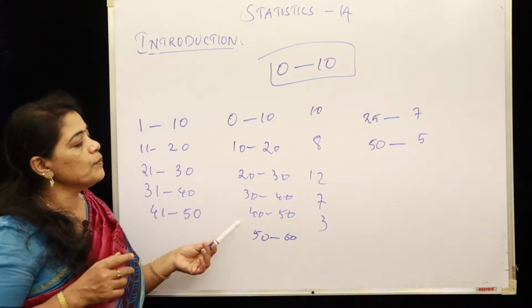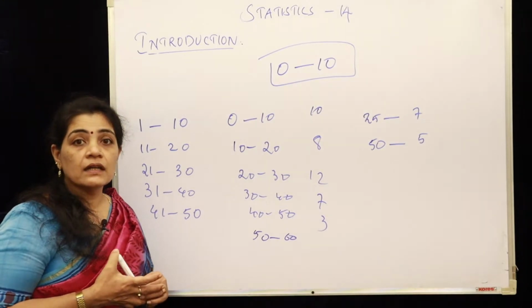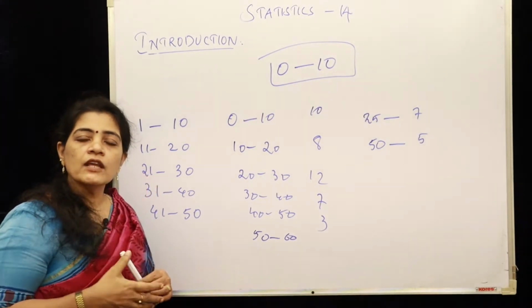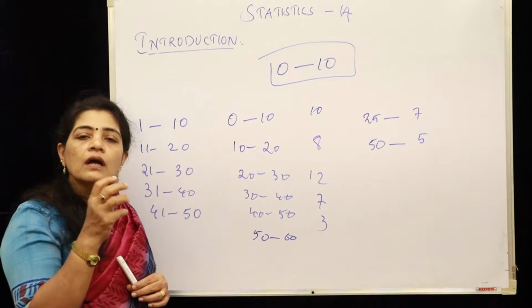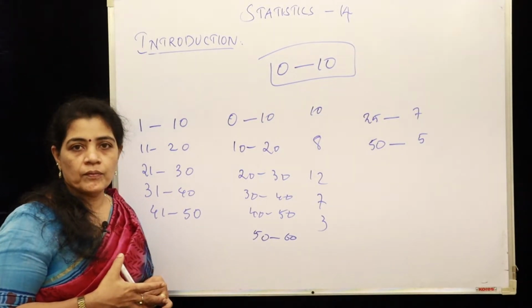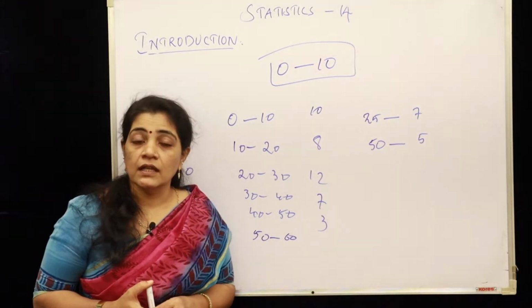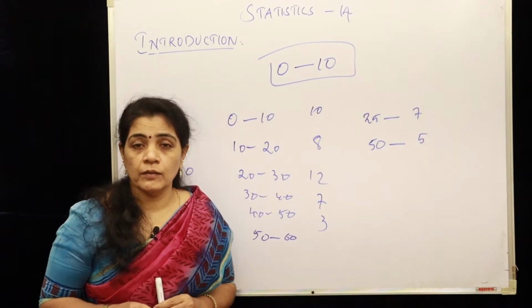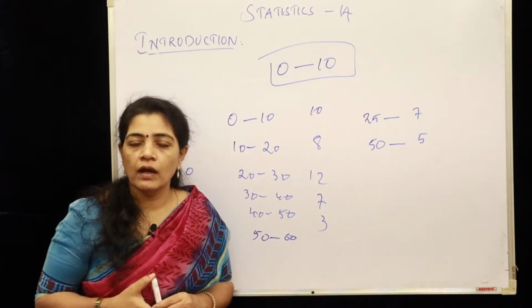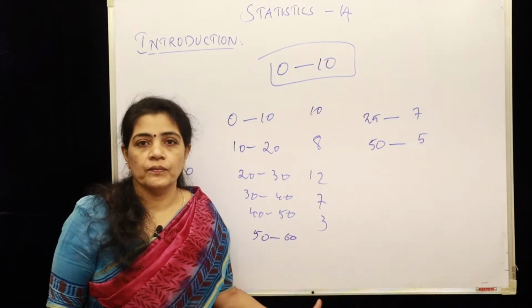Understood? So this type of frequency distribution, where the upper limit and lower limit are the same, is what we call exclusive form or continuous form. For the problems we are dealing with in this lesson, this is a very important point: before you apply the formula, make sure that the class intervals are in continuous form.